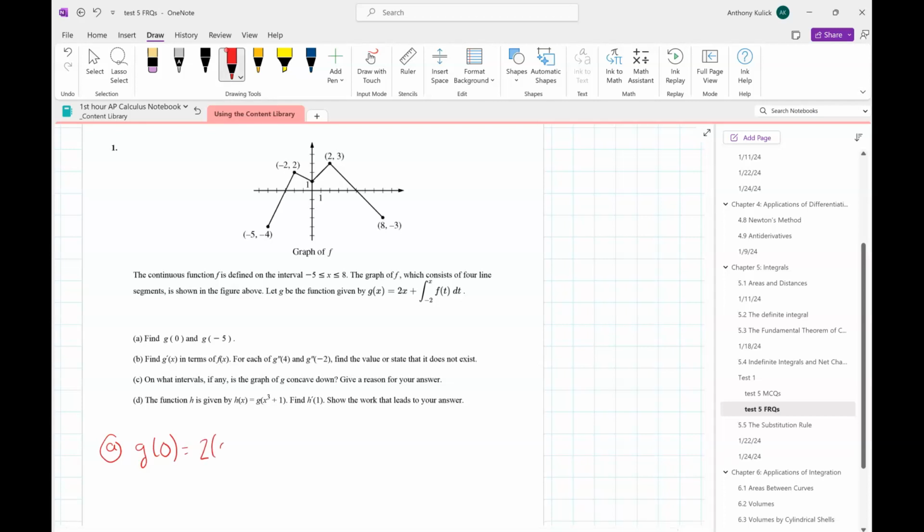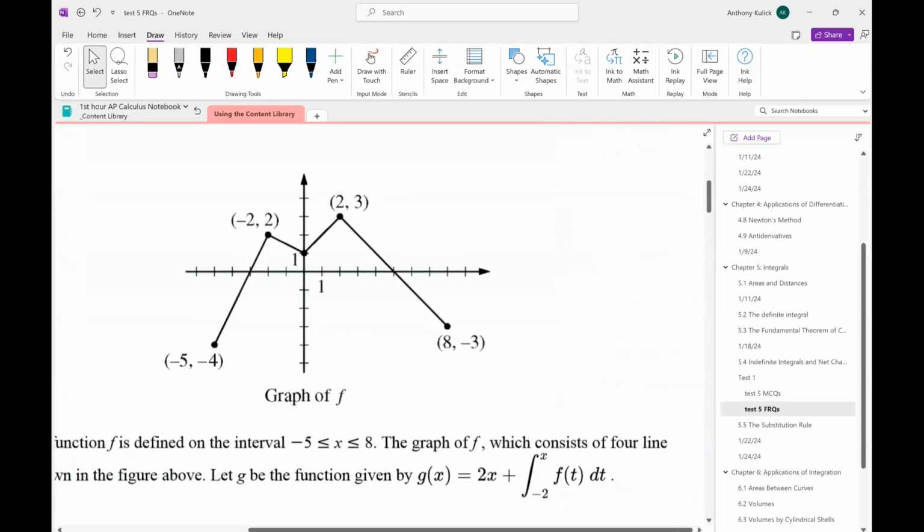Well, that much is probably pretty straightforward, right? How am I going to find the integral from -2 to 0 for f of t dt? I'm just going to use the graph, guys.